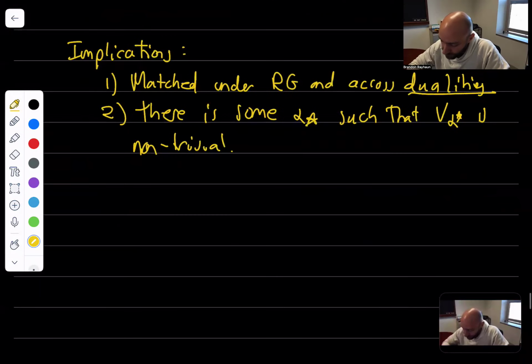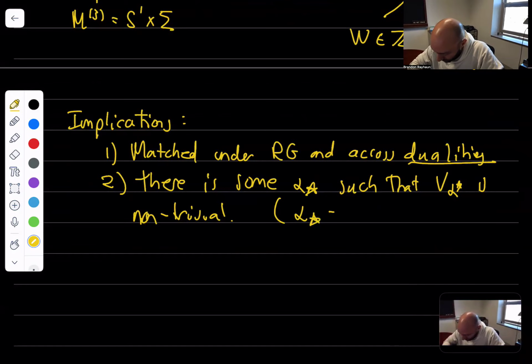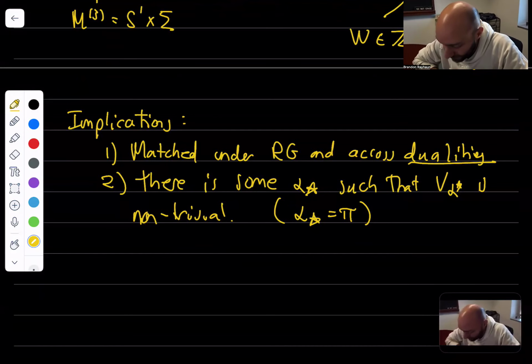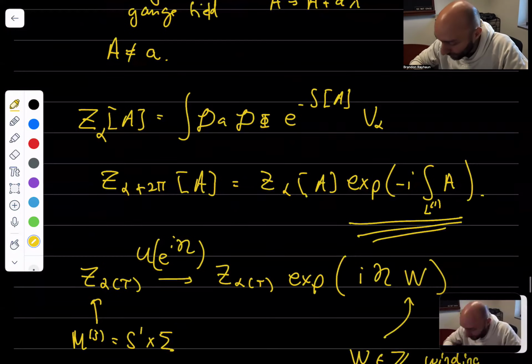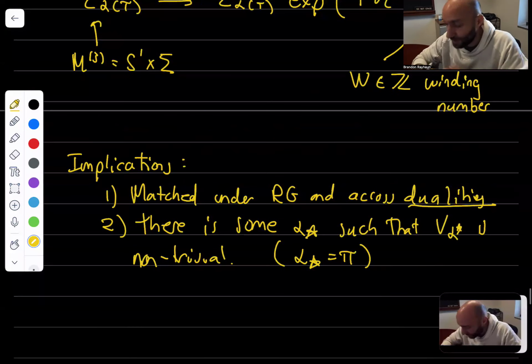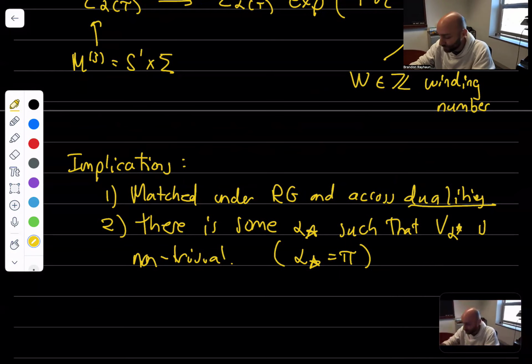And actually, in this example, you can show that alpha equals pi is one such non-trivial point, and that is because at alpha equals pi, the symmetry actually enhances from U1 to O2. So there's a charge conjugation symmetry that appears at this special point. And this enhanced O2 symmetry has a defect 't Hooft anomaly of the kind that I described earlier.